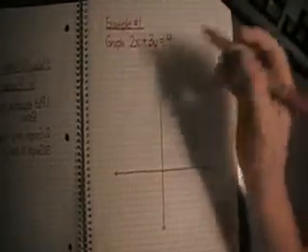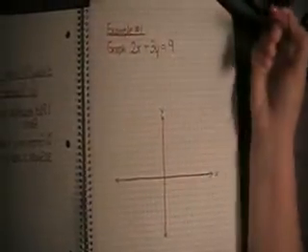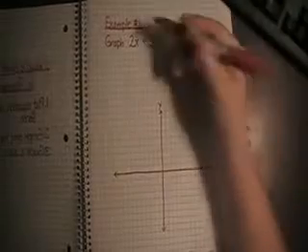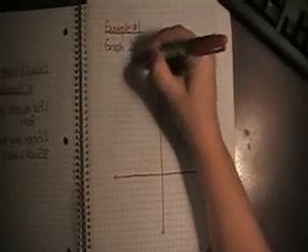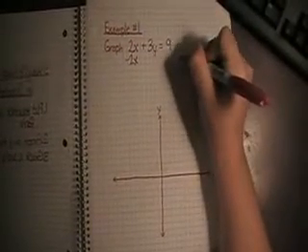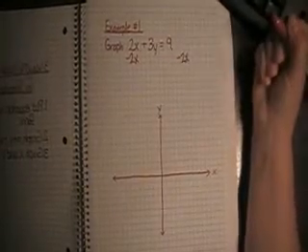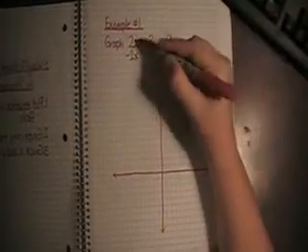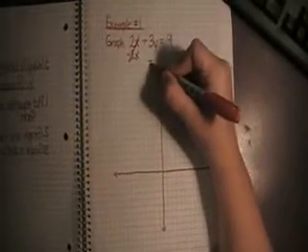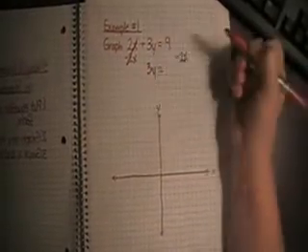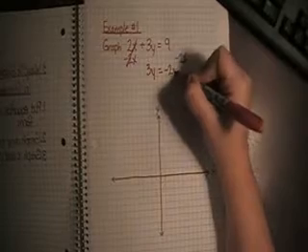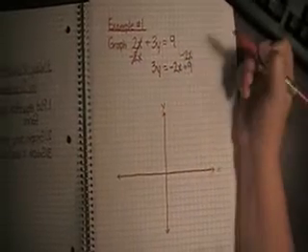You would begin by getting the y by itself. We want it to say y equals. So we would subtract 2x from both sides. Remember that what you do to one side of the equation, you have to do to the other. Okay, these terms cancel out, and we bring down the 3y equals negative 2x plus 9.